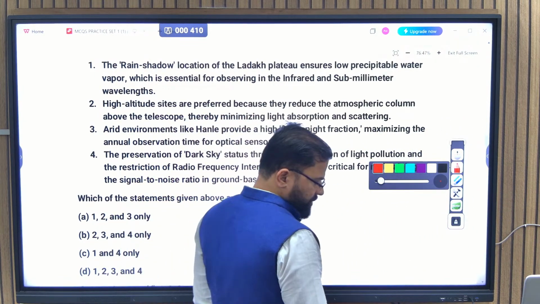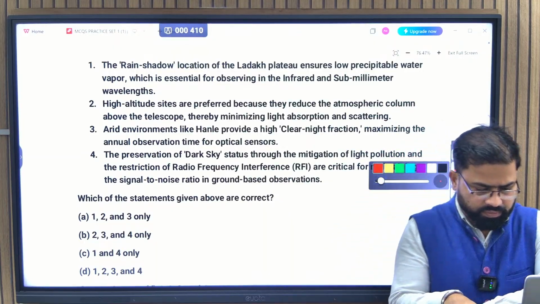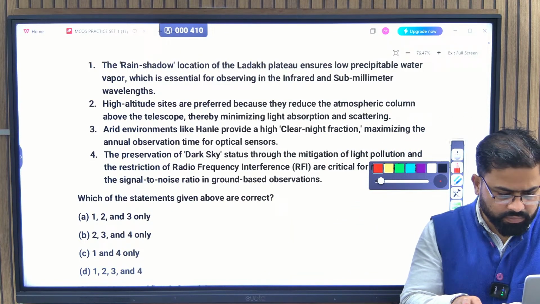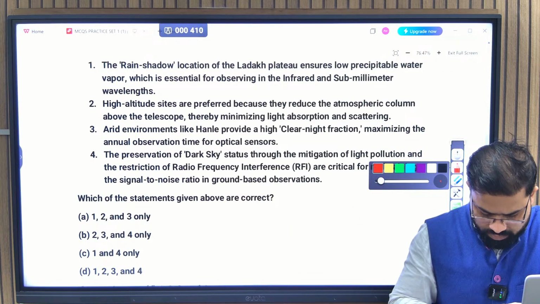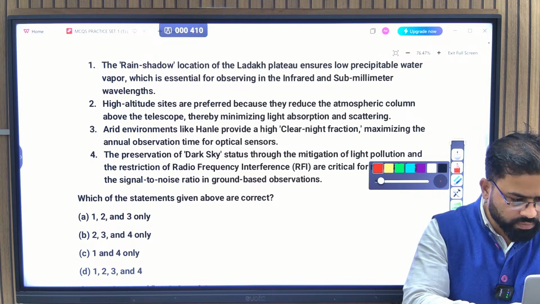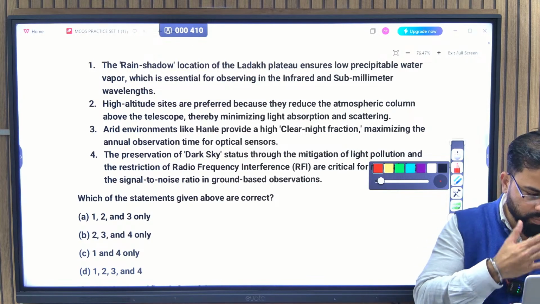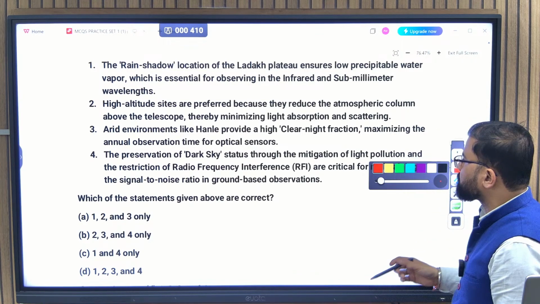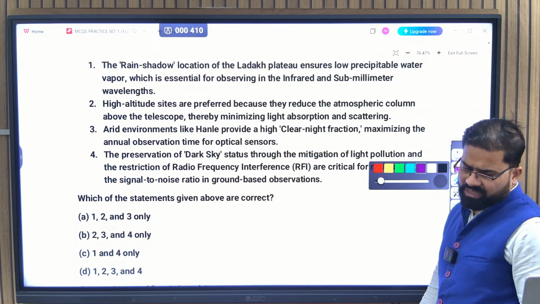Question number 15. We have discussed the Ladakh.